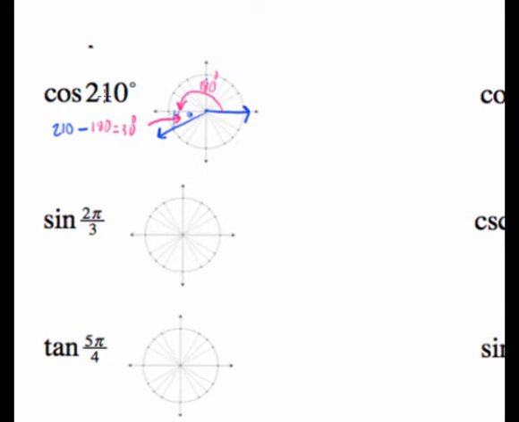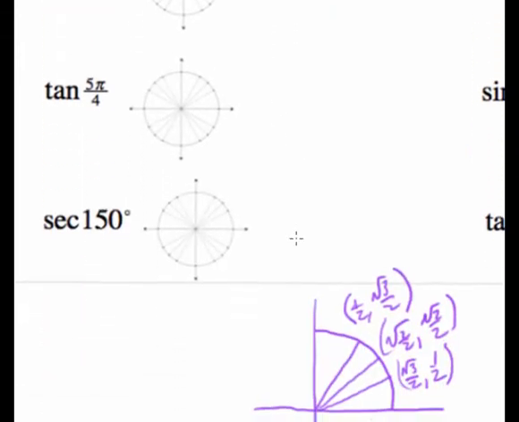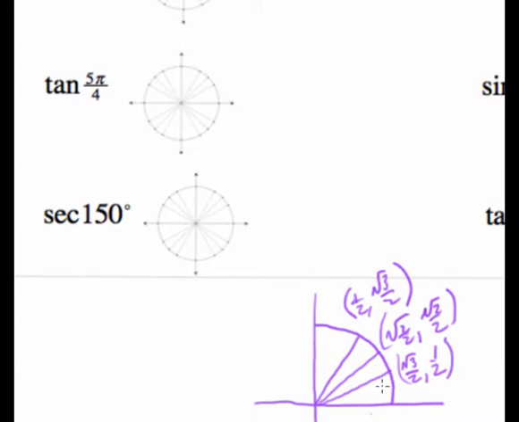Okay? And so what that's going to tell us is that in order to find the cosine of 210 degrees, we're next going to find the cosine of the reference angle. So we're going to use the reference angle, which is 30 degrees. Then you access your unit circle, which I drew down below, right here, and you say, okay, what is the cosine of 30 degrees?